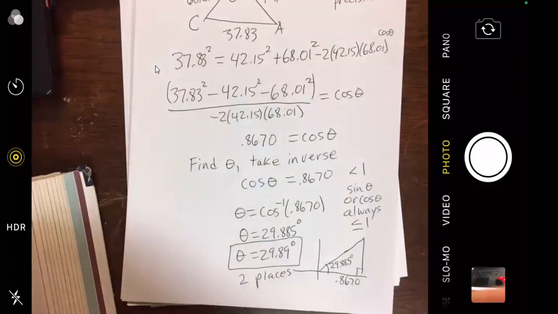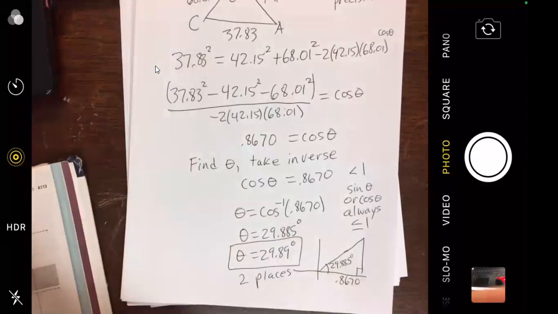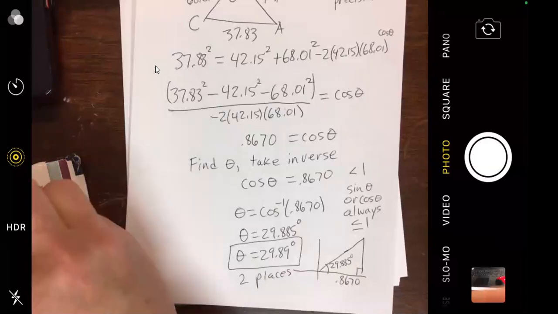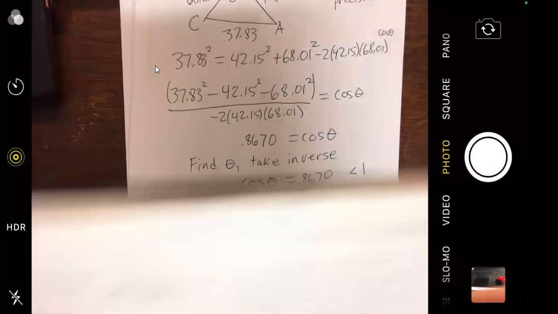All right, so 5.6, number 7. 29.89 degrees, yeah.